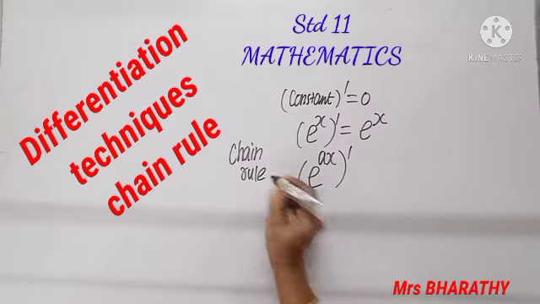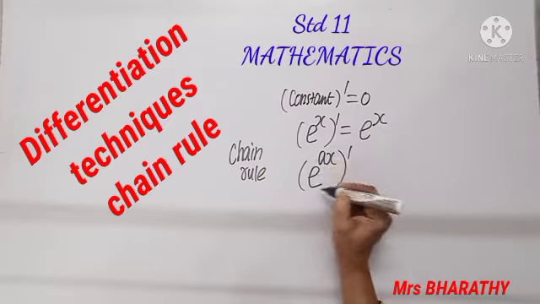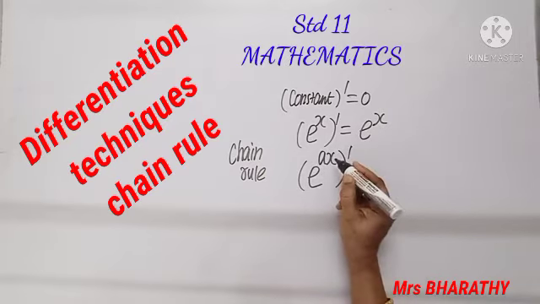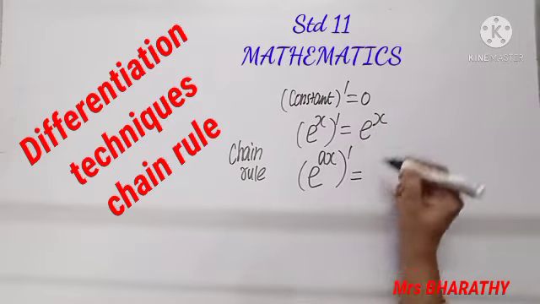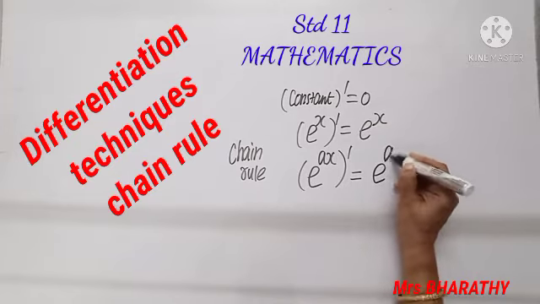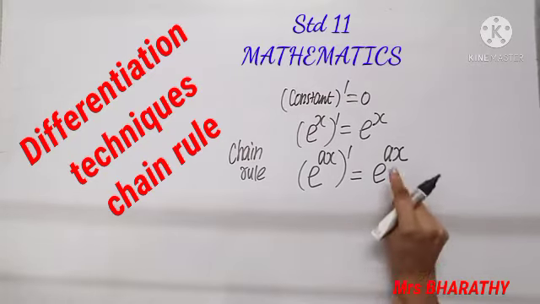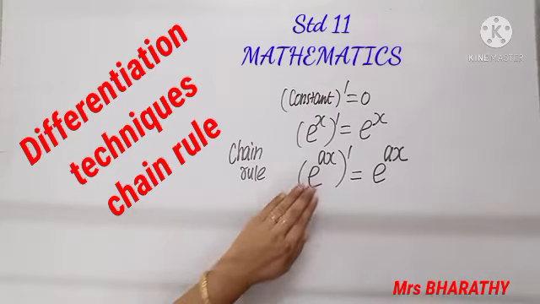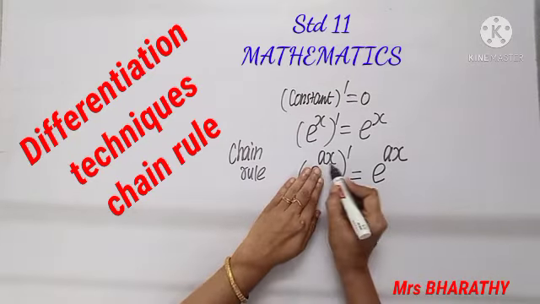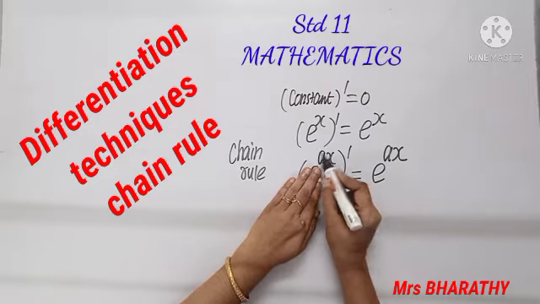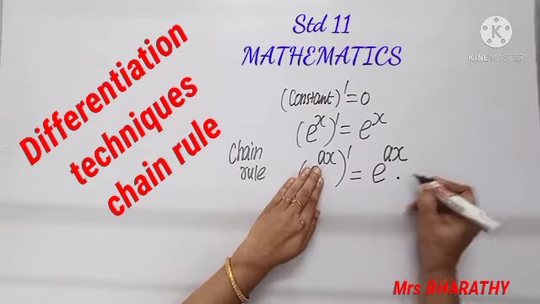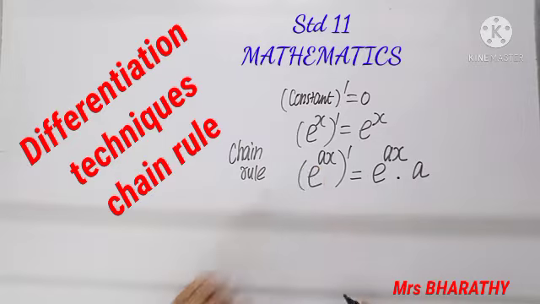The rule says, first we shall differentiate e power. E power x becomes e power x, so e power ax becomes e power ax. Once I have completed e power, hide it. What remains? ax. That ax I differentiate, and that becomes a.